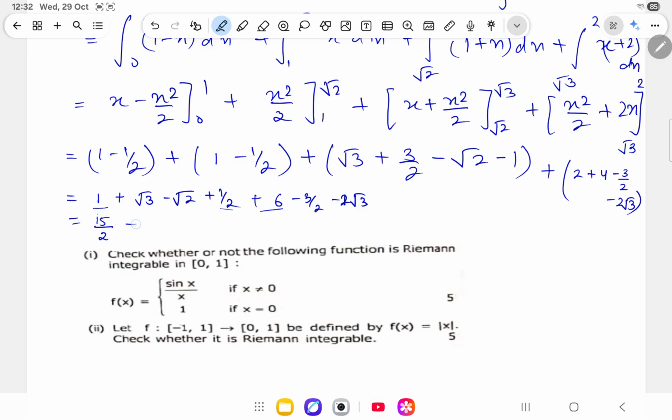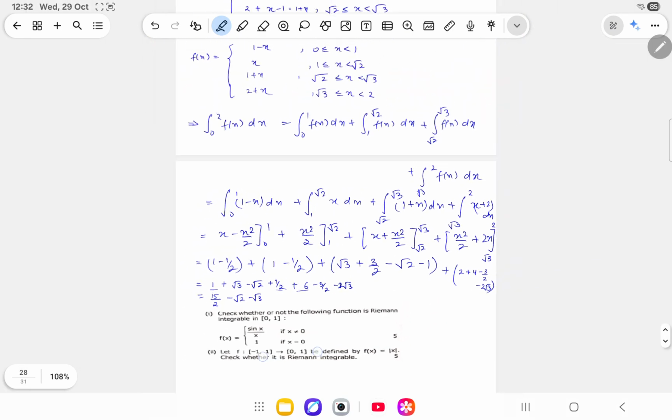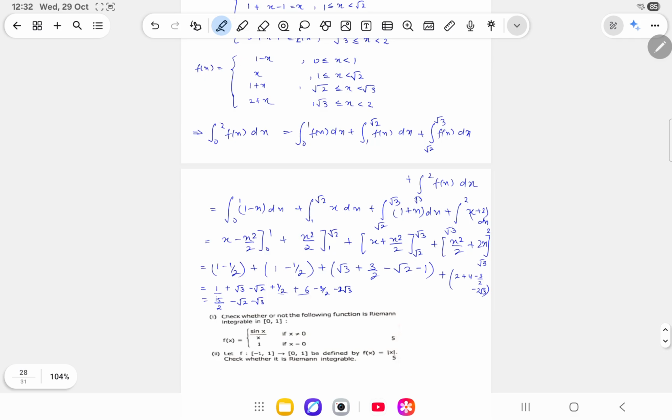And minus square root of 2 minus square root 3. So this is the value of integration that we'll get.